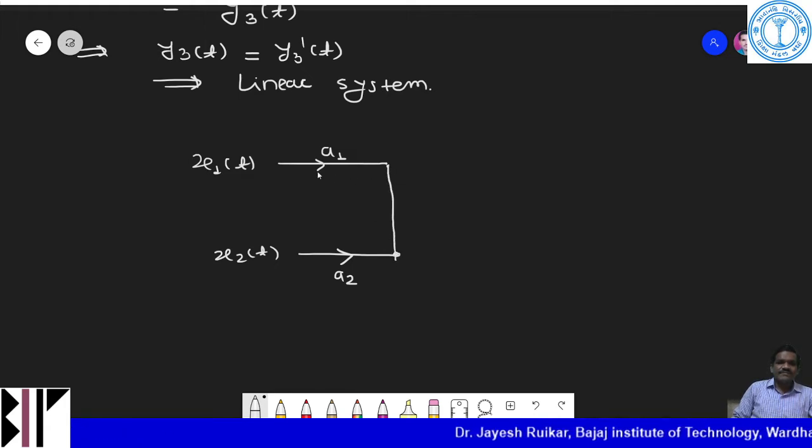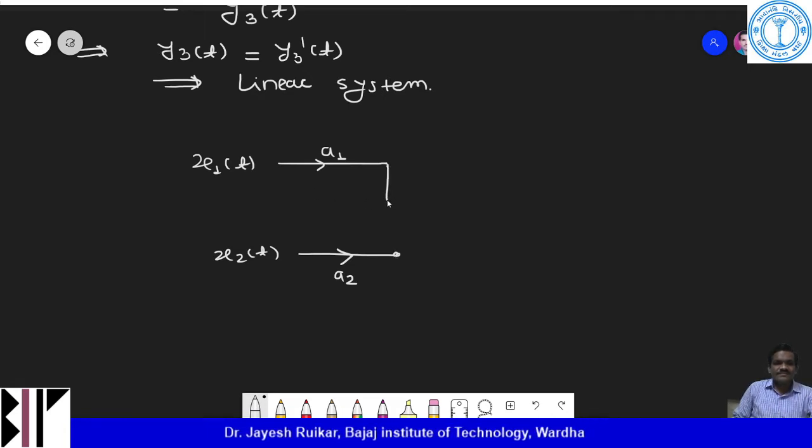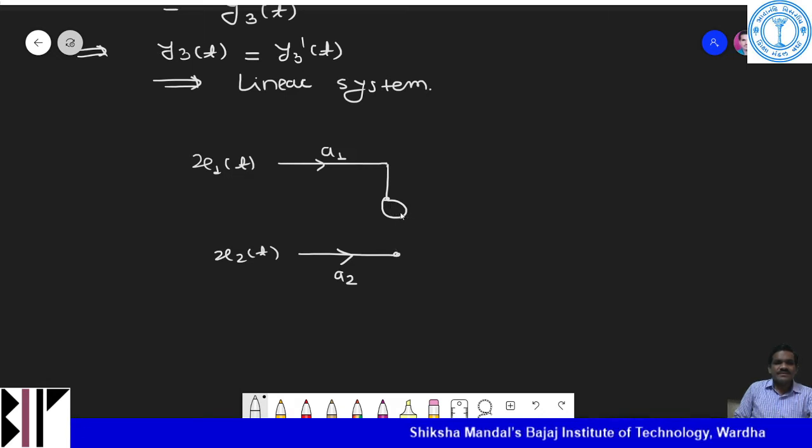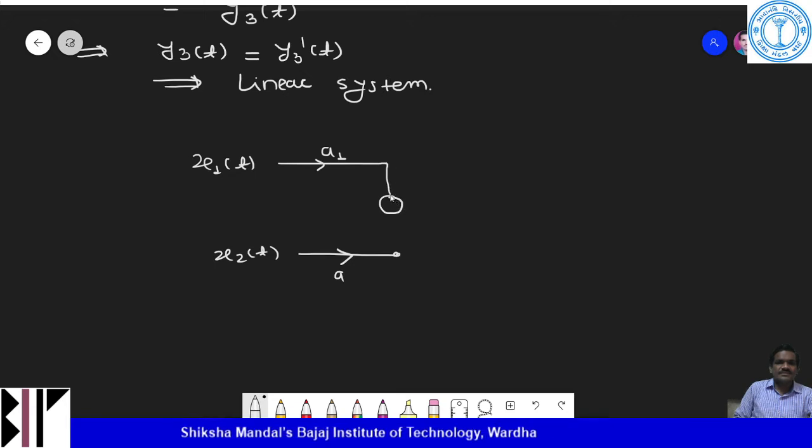So a1 x1 of t plus a2 x2 of t, and then we sum these up. This is the summation. I will redraw it. This is a round block, and this is plus.